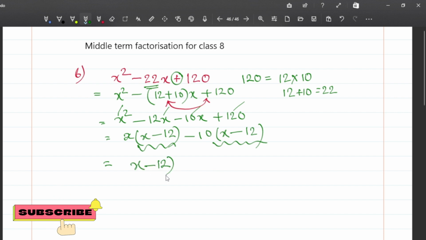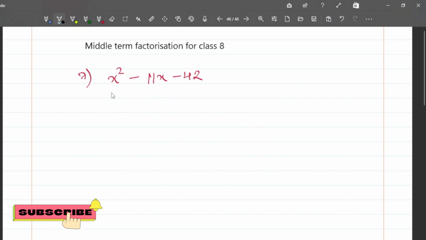So take common x minus 12 into x minus 10. This is your answer. Now take example of sum number 7. Now factorize 42 such that the subtraction of two factors should be 11.